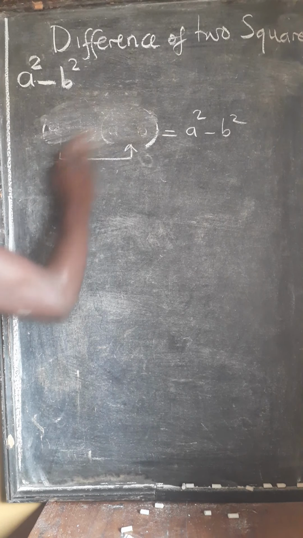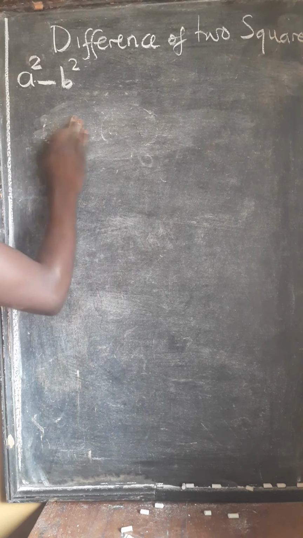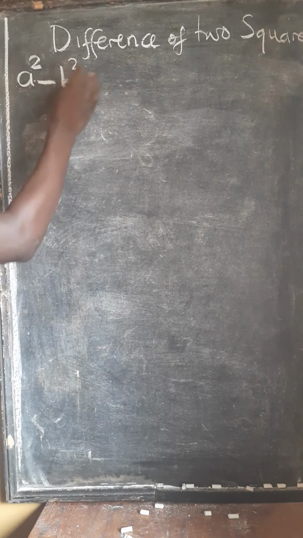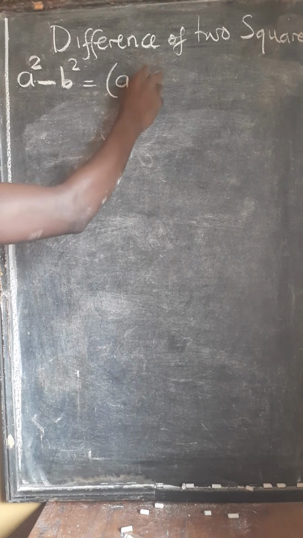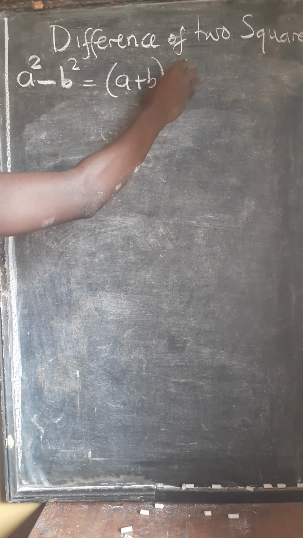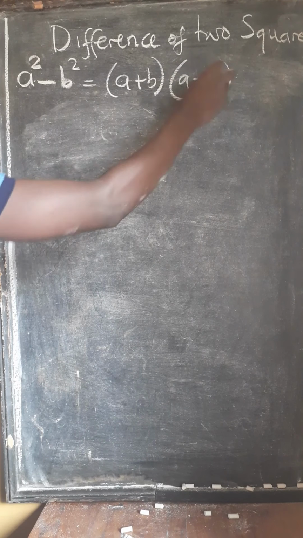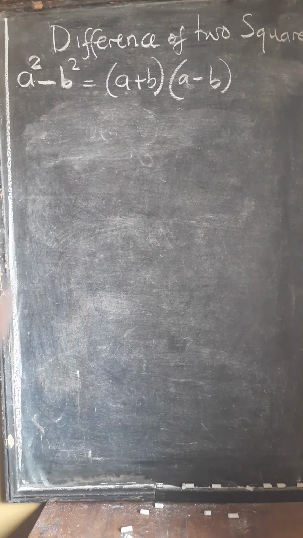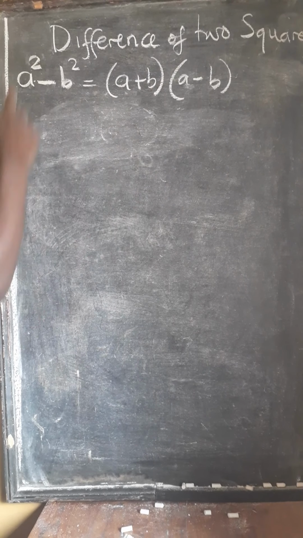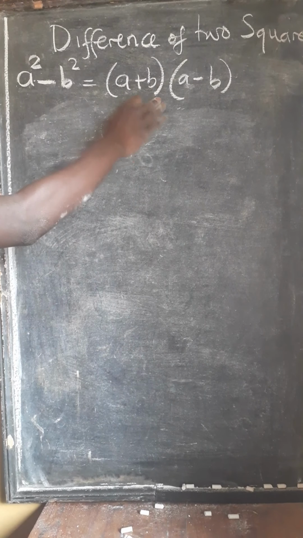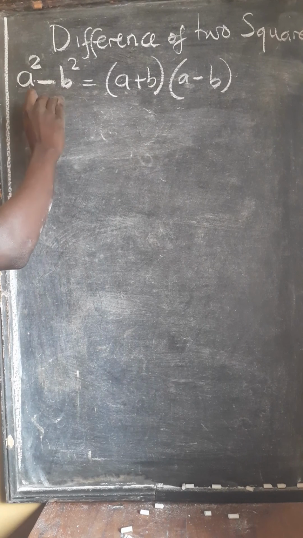So what we're saying is that this expression has two factors, and those factors are a plus b, as well as a minus b. And when you expand these two factors and simplify, they'll give you this one. So these are the two factors for this expression, a difference of two squares.